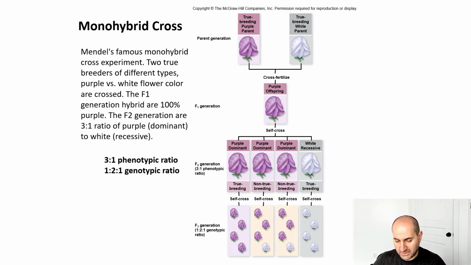Okay. Secondly, I want you to know that when the monohybrid cross is performed, we end up with a 3-to-1 ratio of dominant to recessive phenotypes. So we end up with 3 purple flowers for every white flower. Again, we have a 3-to-1 phenotypic ratio.